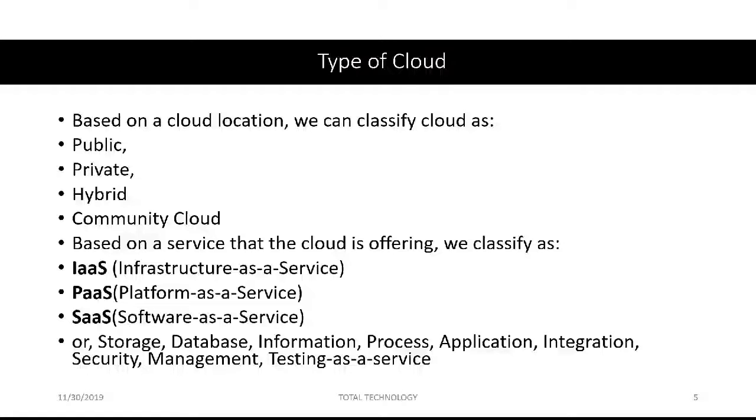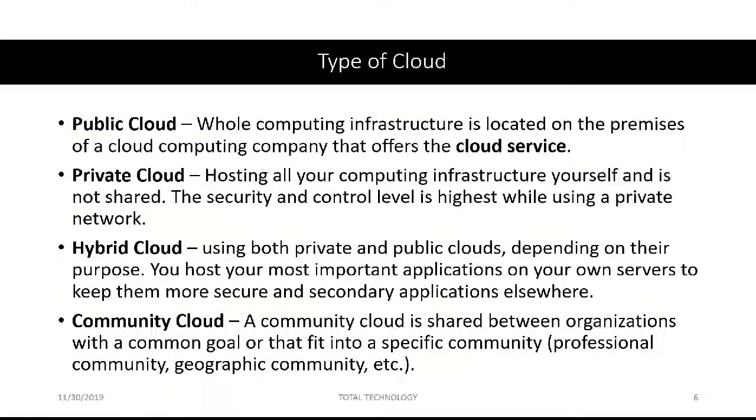Of those, the three main important ones are public, private, and hybrid. And if you want to classify clouds by the service they offer, we can differentiate them into three or four parts: infrastructure as a service, platform as a service, and software as a service. You can also use function as a service, FaaS, which is the new one. We'll cover these in the next slide.